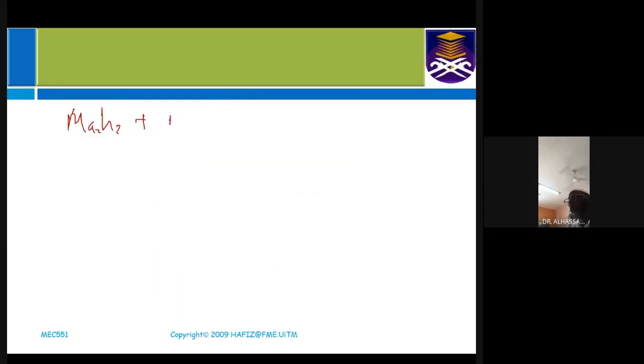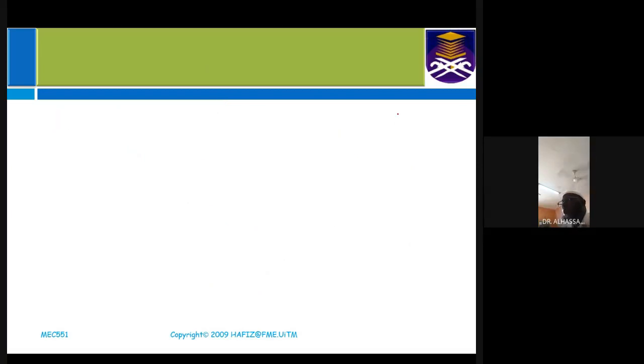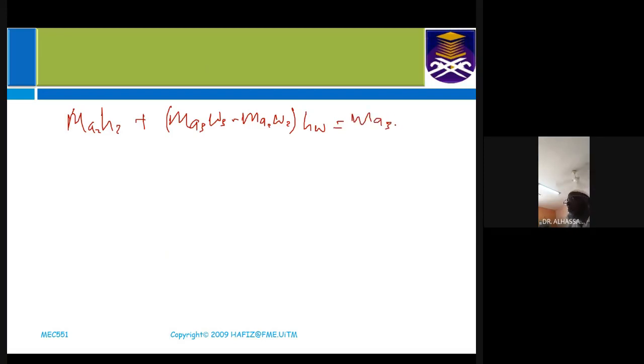So MA3 omega 3 minus MA2 omega 2, all times HW. So HW. This gives me MA3 times H3.